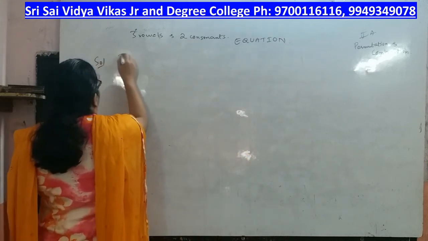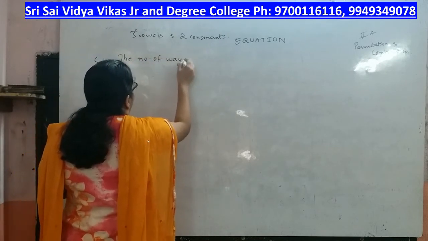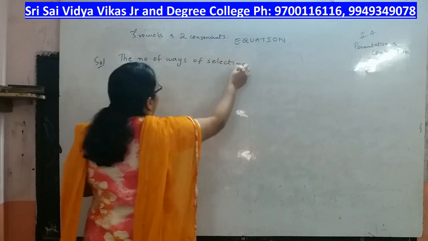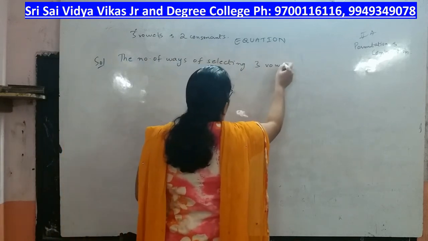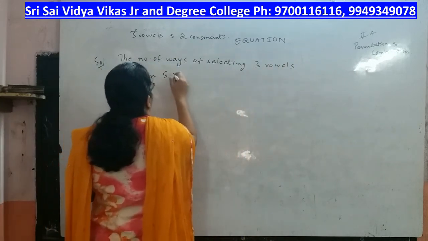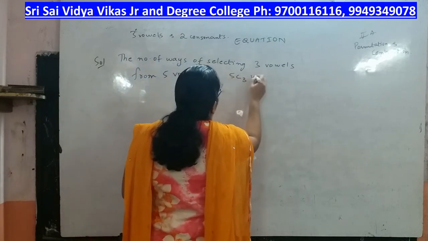Solution: the number of ways of selecting 3 vowels from 5 vowels is equal to 5C3 ways.